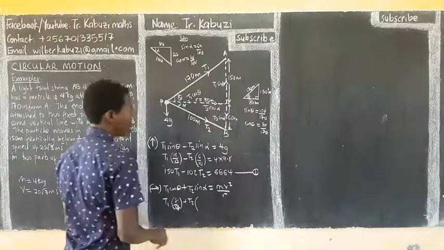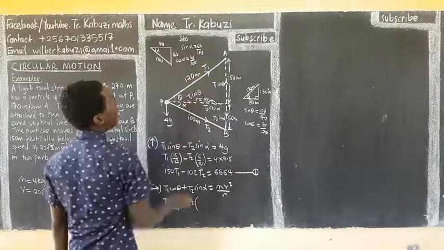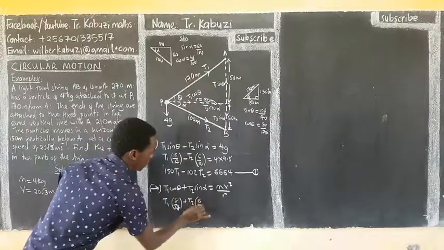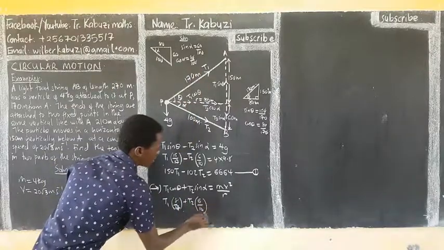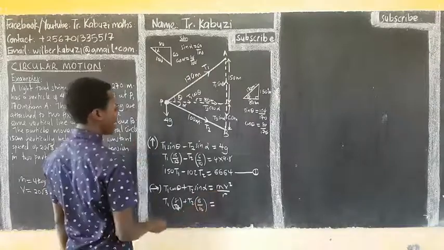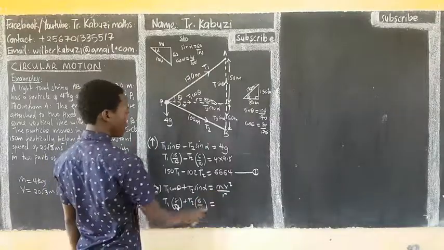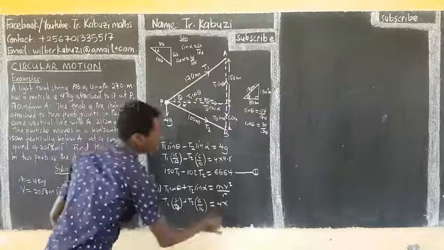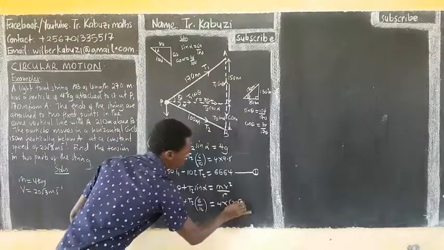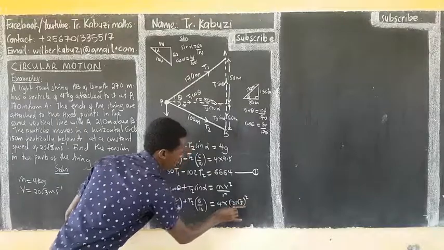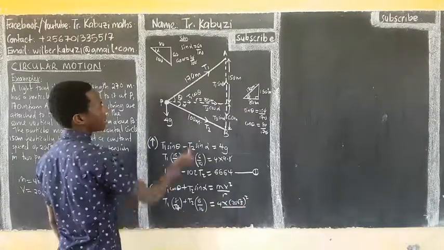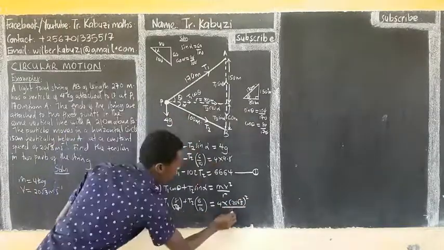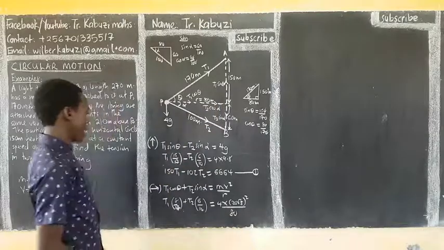Then T2 is going to be sine alpha, which is 6 over 10, equaling our mass, which is 4 times the velocity, which we are going to have as 20 root 3 squared, then the whole over the radius from here up here, which is 80.